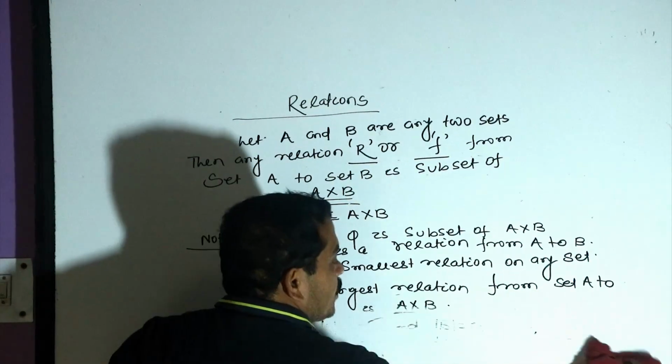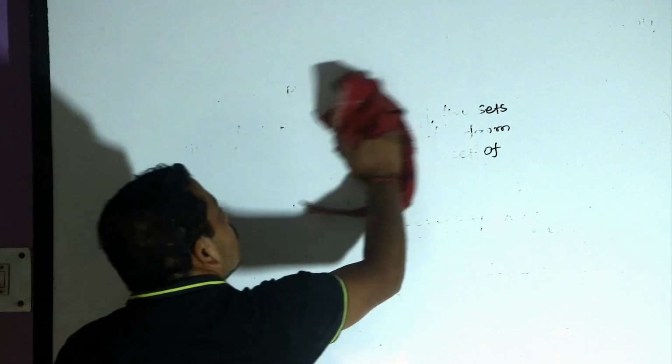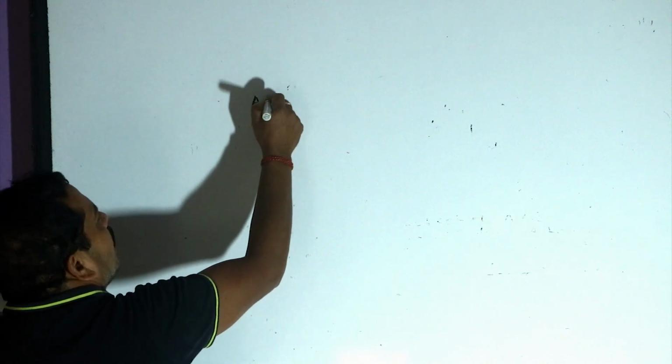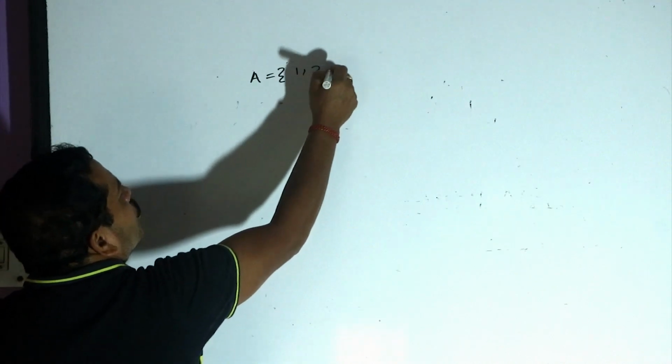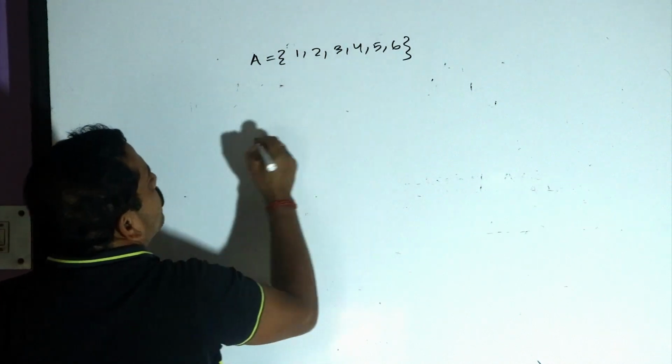Next, some examples. Suppose set A contains the elements 1, 2, 3, 4, 5, 6.